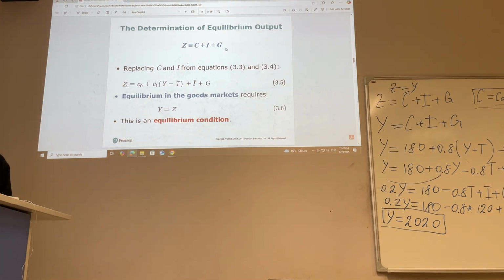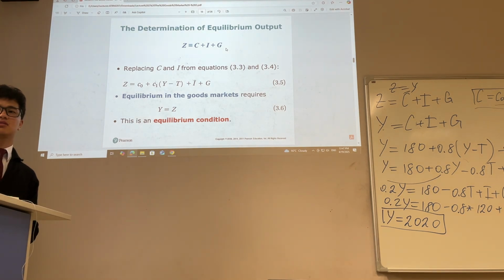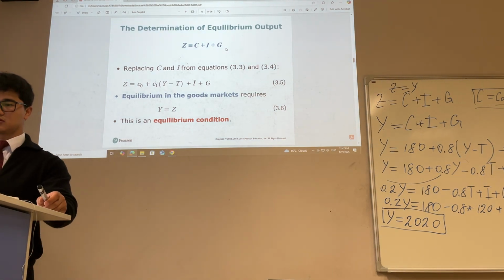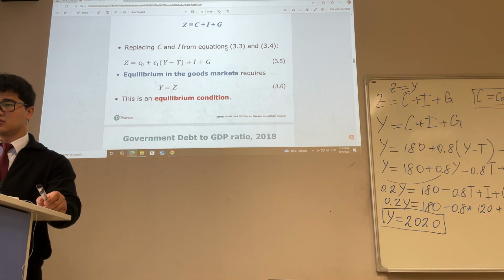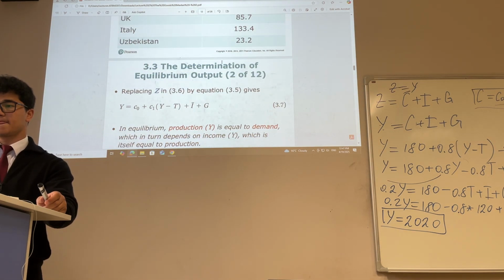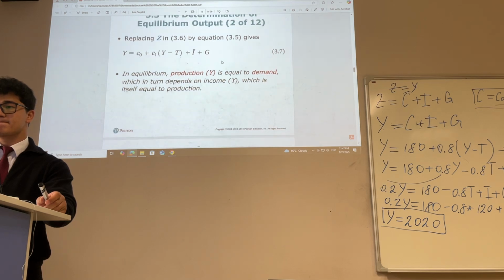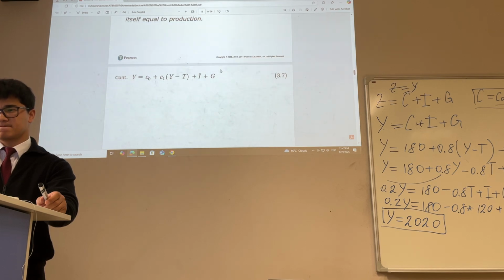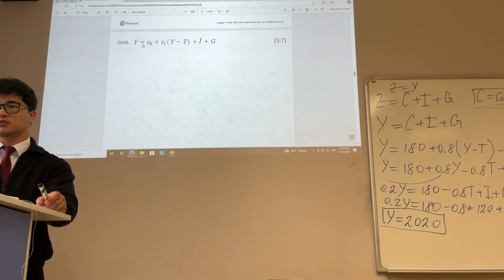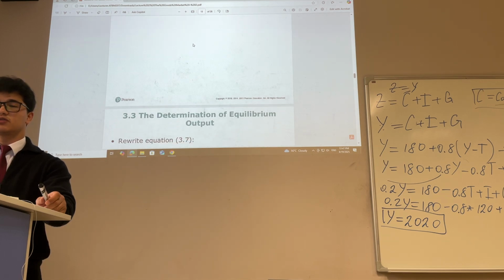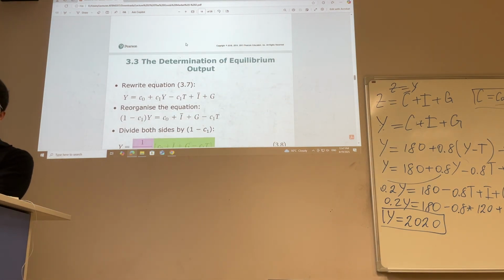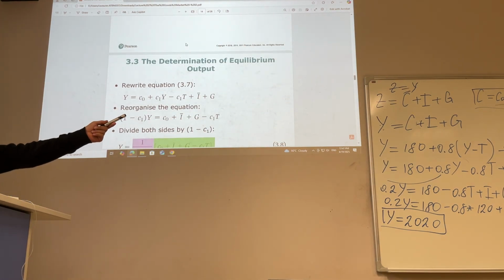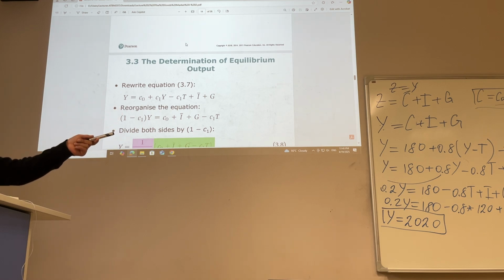And they're making the equilibrium condition, where our production equals our total demand. Again, this formula. You can derive this formula if you just know the general formula and disposable income and consumption.